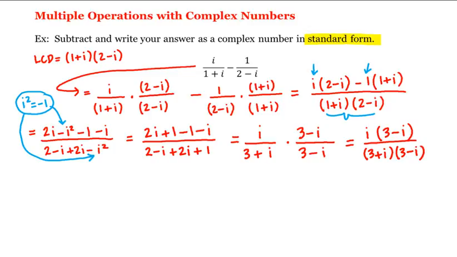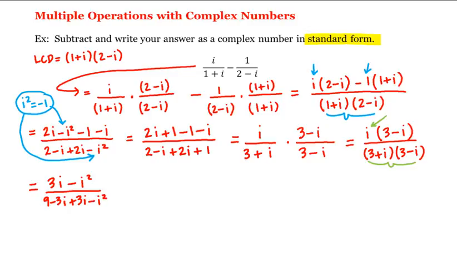And now we can distribute this i through to both terms as well as FOIL the denominator, which gives us 3i minus i squared divided by 9 minus 3i plus 3i, and then minus i squared.